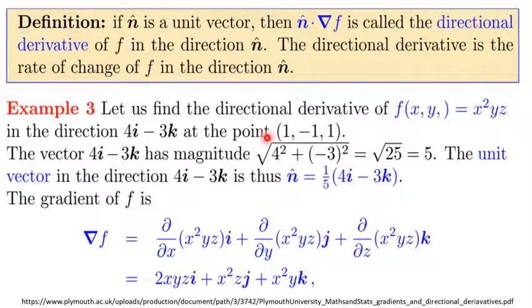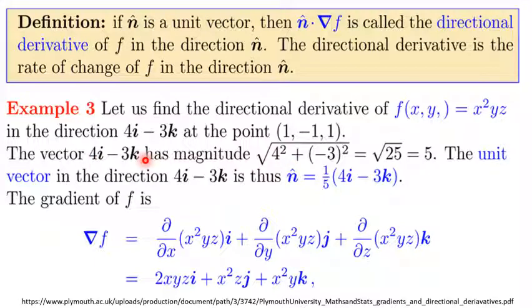Now see here, three points x, y, z are given, so we have to find the directional derivative at the points. First we have to calculate the value of n. And what is n? n is actually a scalar quantity, and it shows the magnitude of a vector, so we have to find the magnitude of that vector.